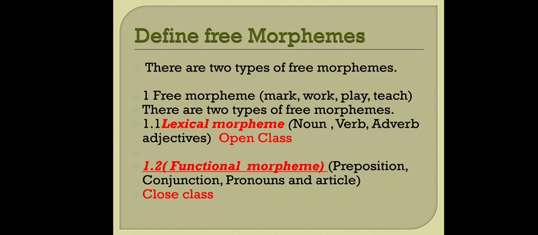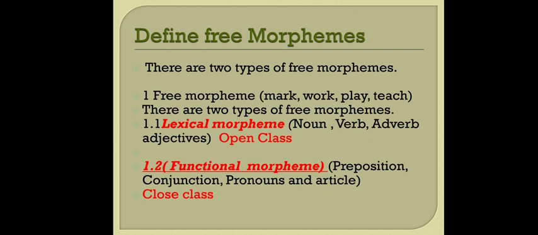Functional morphemes are the morphemes that are known for their functions, like prepositions. They tell you position, time, direction, and a connection with different words. Conjunction is a word that joins two words, two phrases, or two sentences.